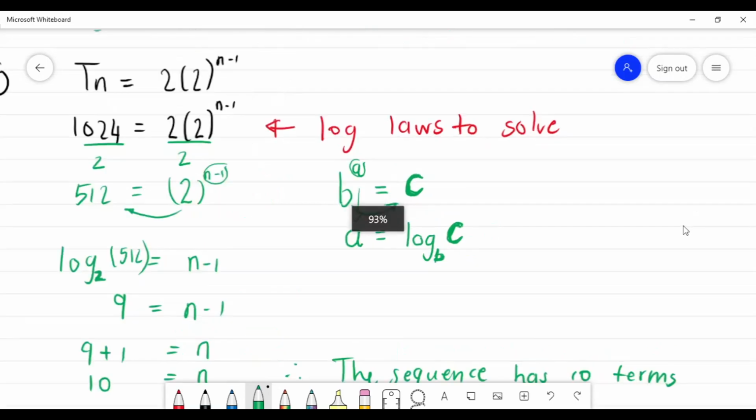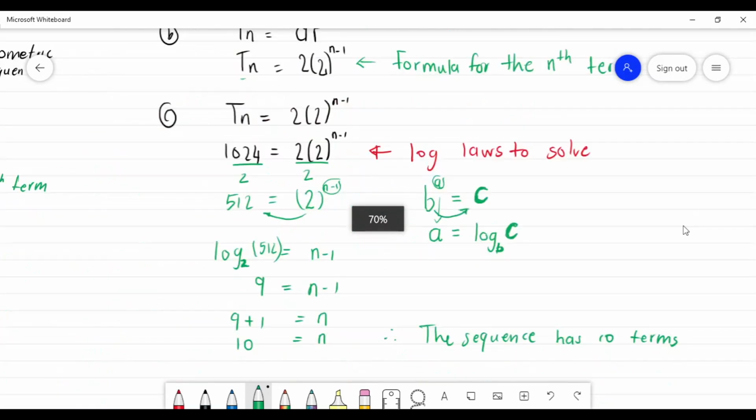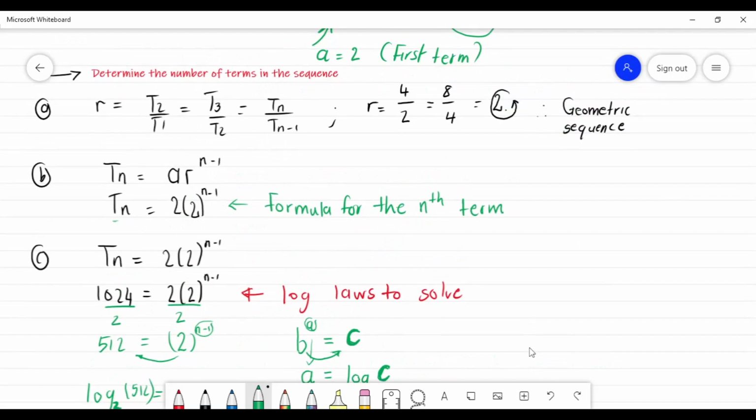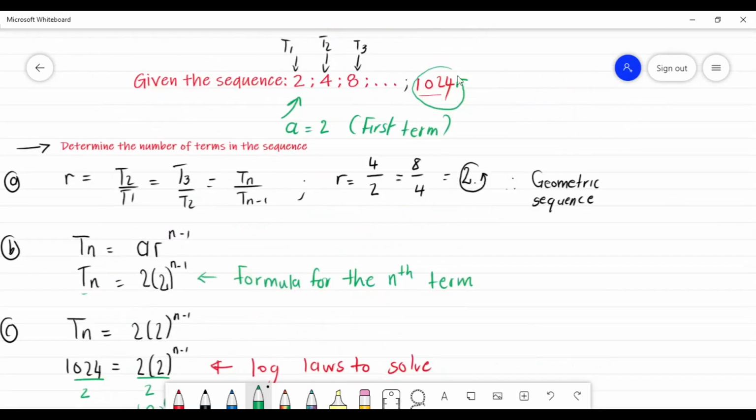Meaning that the value of 1,024 is the 10th term in the sequence.